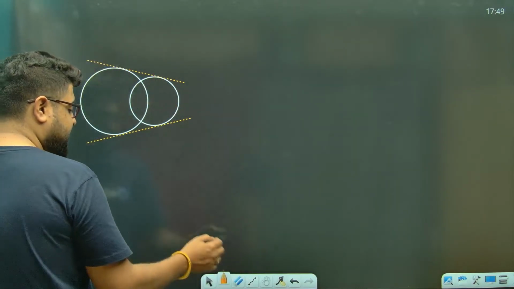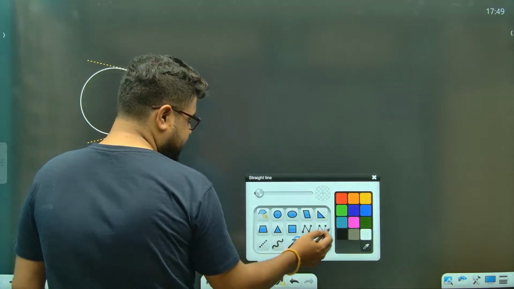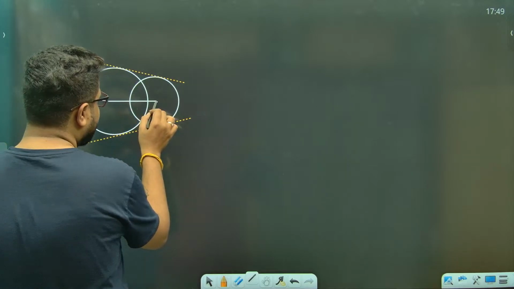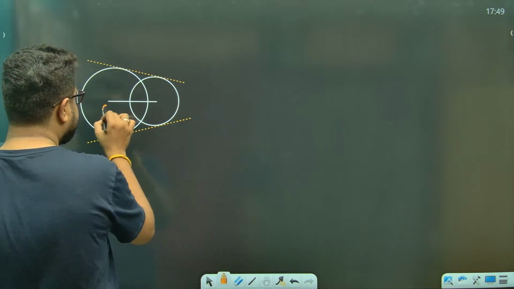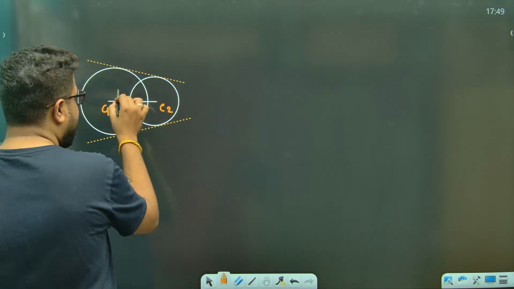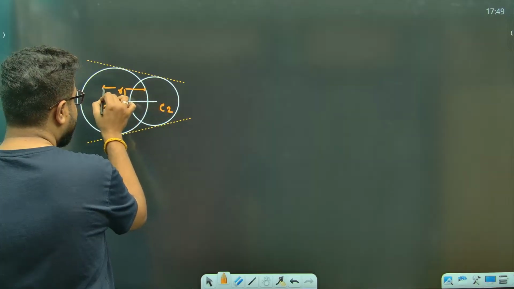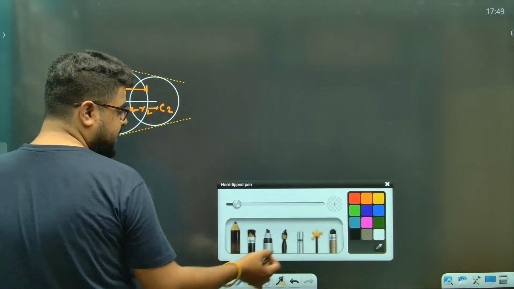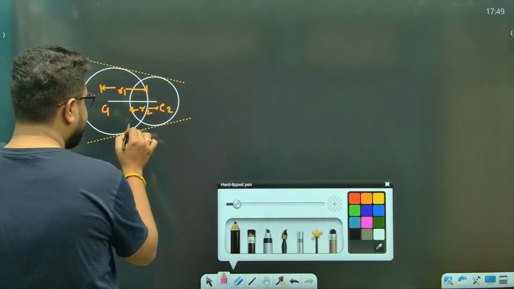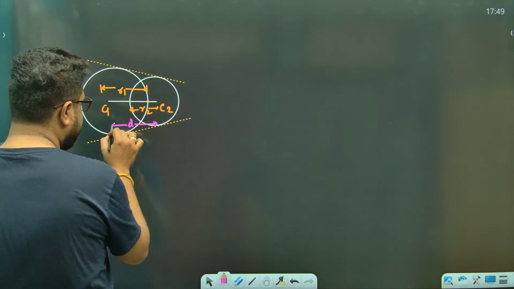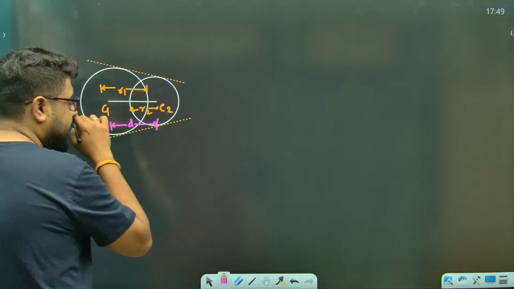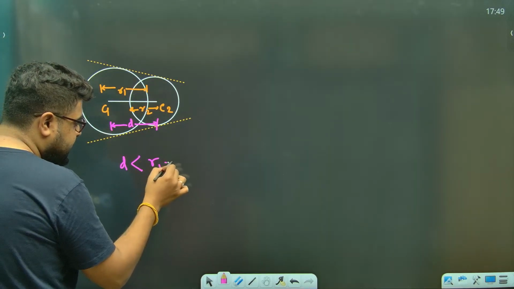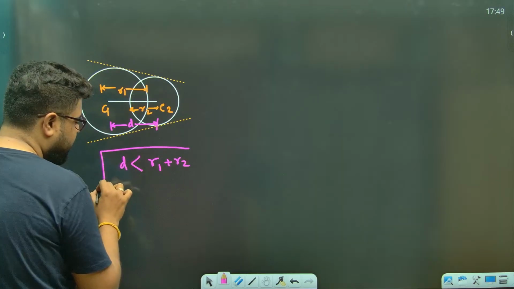So now here, what is the situation? The situation is something like this. This is C1, this is C2, R1 is this length, R2 is this length, and this is D. Just by looking at this, you will say D is now less than the sum of R1 and R2.